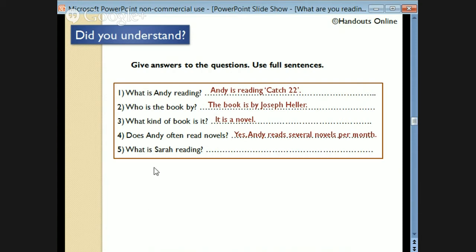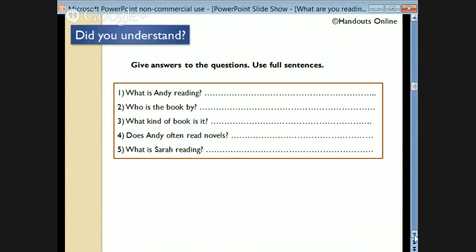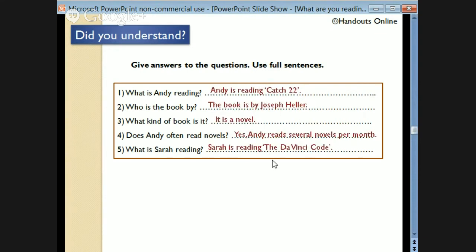Okay. What is Sarah reading? Yes, Sarah is reading. Exactly. Very good. Okay.